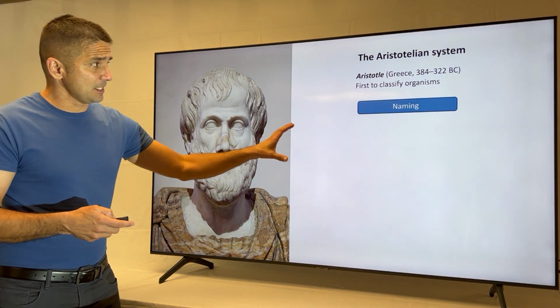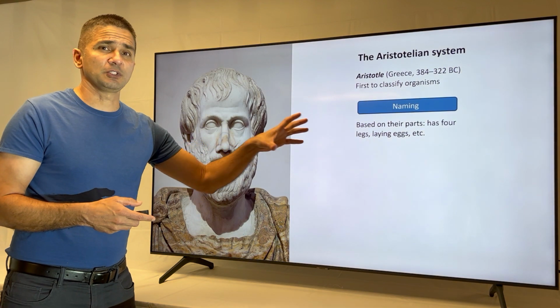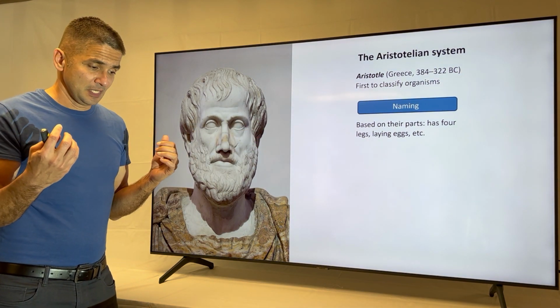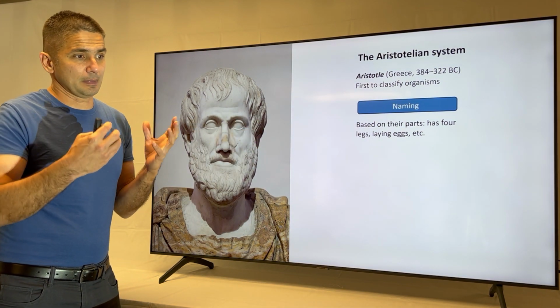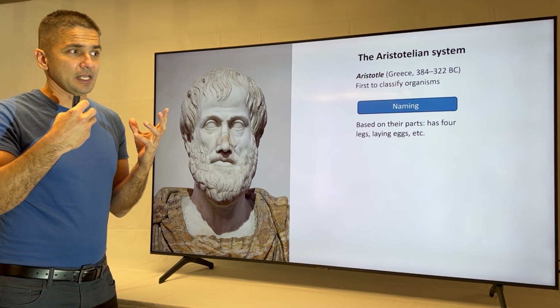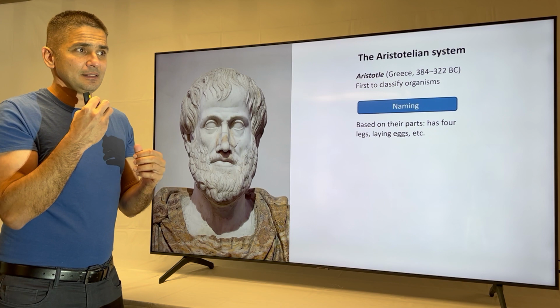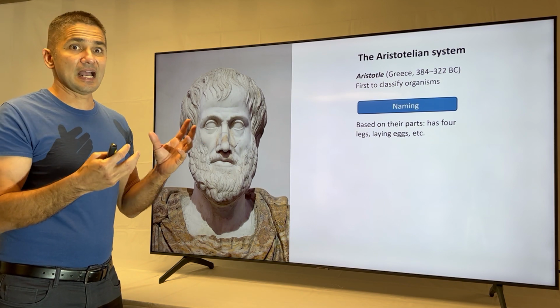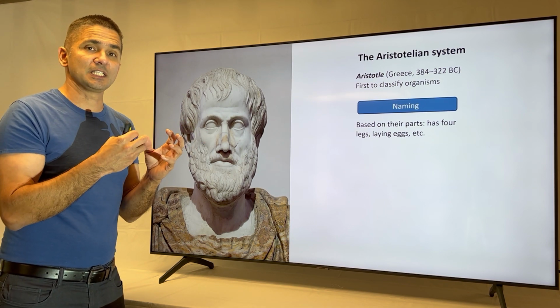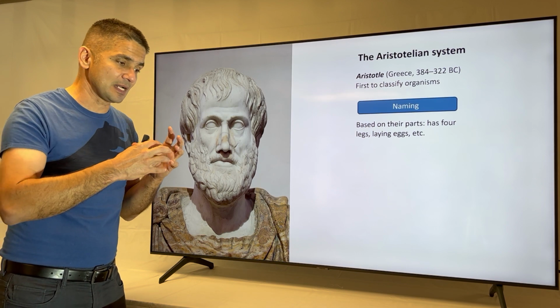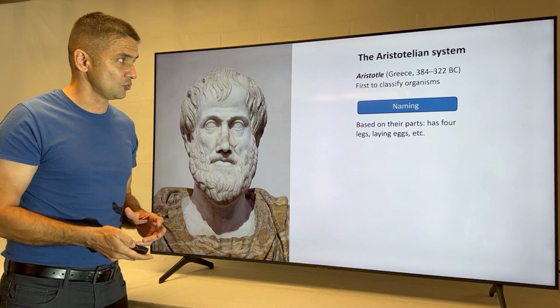The naming system that he used was basically the description of the parts of the species. So, for instance, something like me, he would say that species has hair, has skin, has teeth, wax. So that's what he used to name the species. There was not a name per se, but rather a description of how the individual looked.